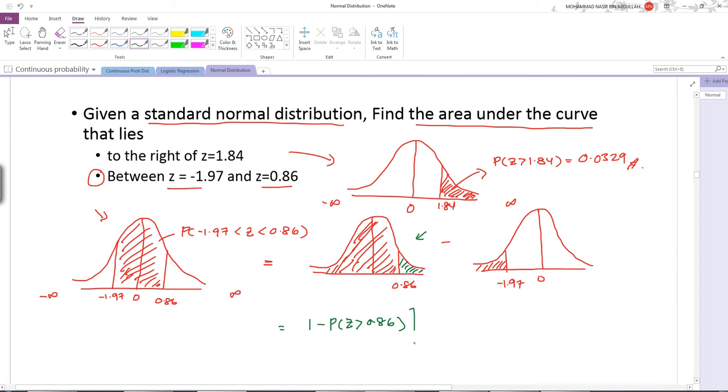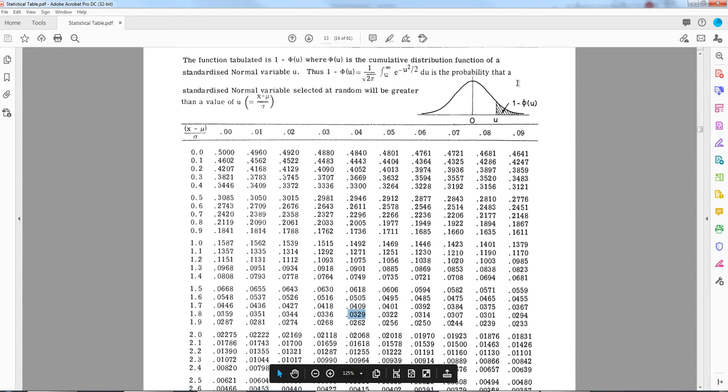This is the first part, minus the area beyond negative 1.97, which is equal to the area beyond 1.97, because the area on the right hand side equals the area on the left hand side. We do this because the statistical table only gives us the area to the right.